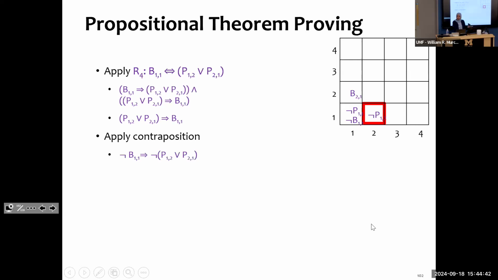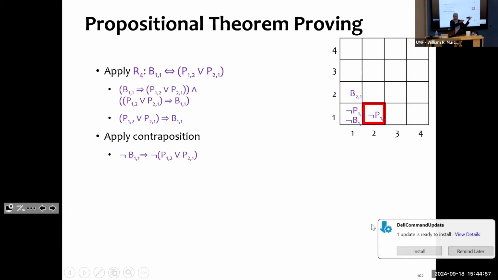So we need the negation here because we don't have B11 in our graph. We're still at the first position, not B11. We need to have the not because we are coming to B and we need to have not B. So applying that not to B11, it means that we are applying the not to P12 or P21.